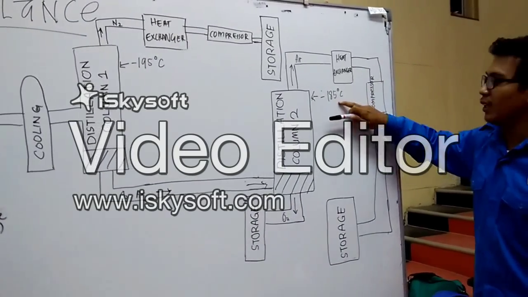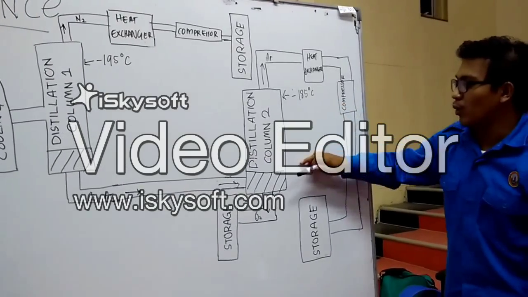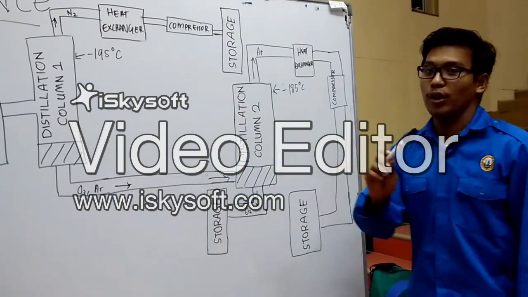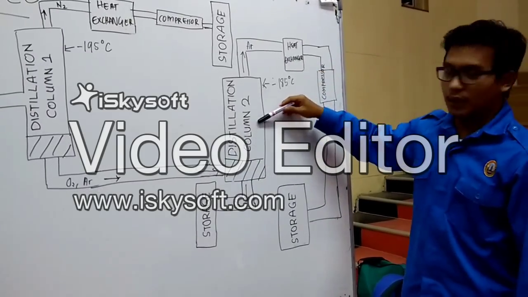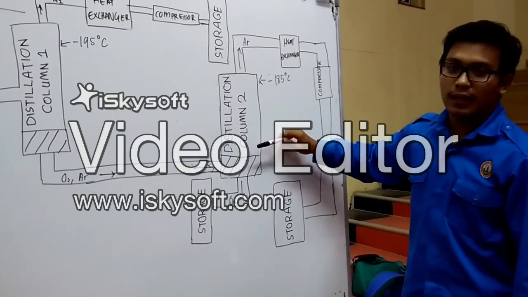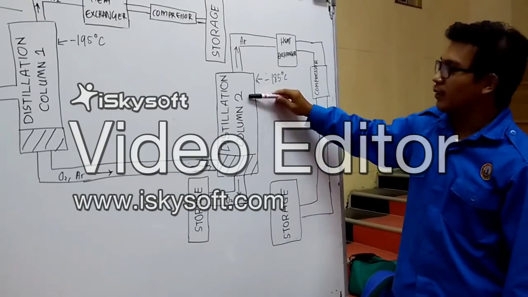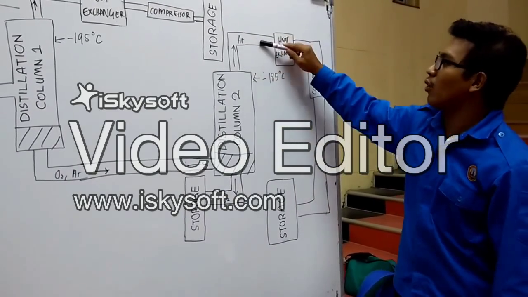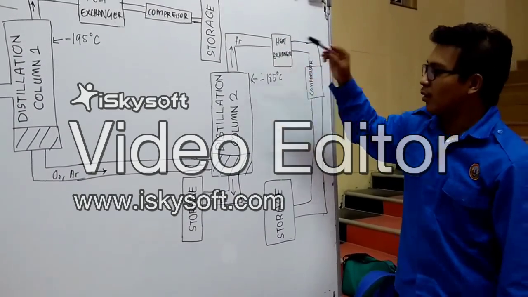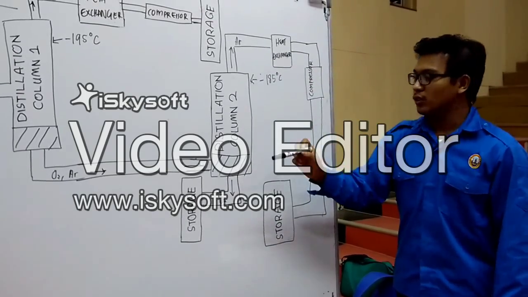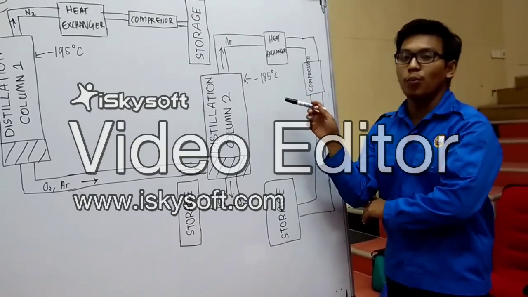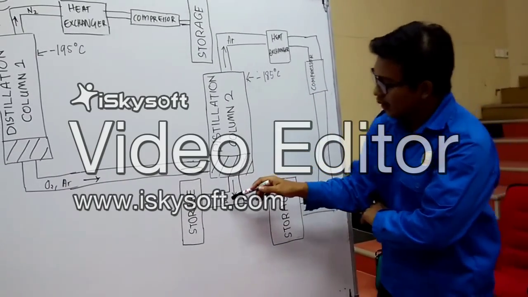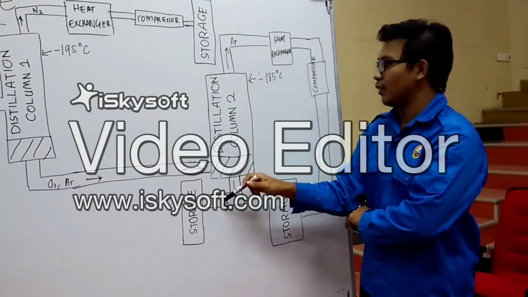So this temperature is the same as the argon boiling point. So when this column achieves this temperature, argon gas will vaporize and will be sucked out from this column. Therefore, the oxygen is still maintained as liquid. It has not achieved its boiling point yet, so it will be directly stored as liquid oxygen.